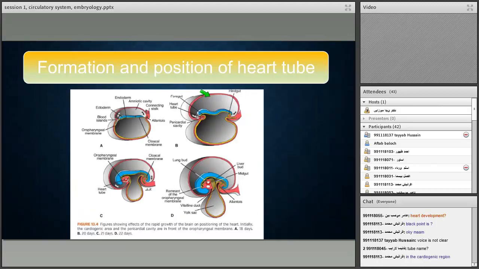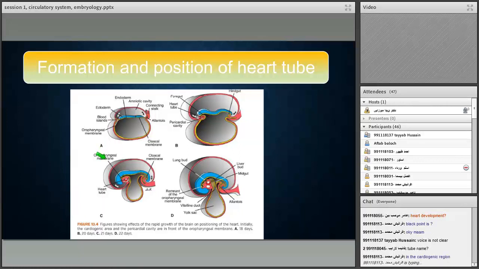Now, about the formation and the position of the heart tube. At first, the cardiogenic field is placed in the rostral region of the buccopharyngeal membrane or oropharyngeal membrane.